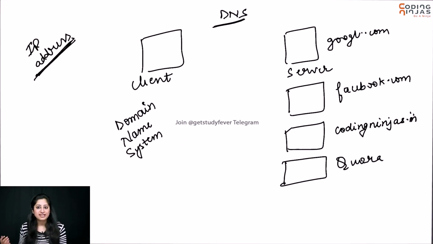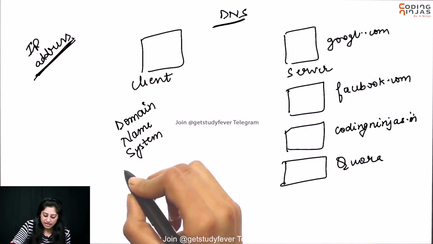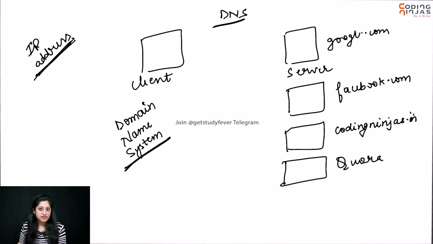IP addresses are unique identifiers for the devices connected to the internet, because if you want to reach a particular device, you should have a unique identifier. It's hard to remember IP addresses, which is why we have domain names. Remembering google.com is pretty easy, right?